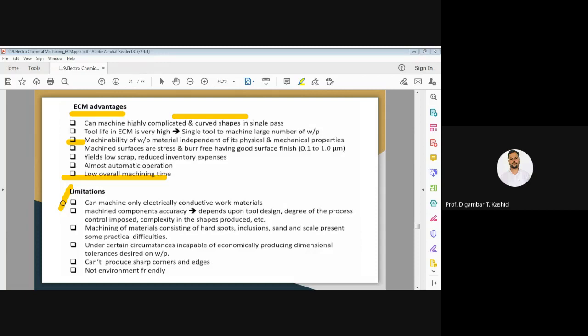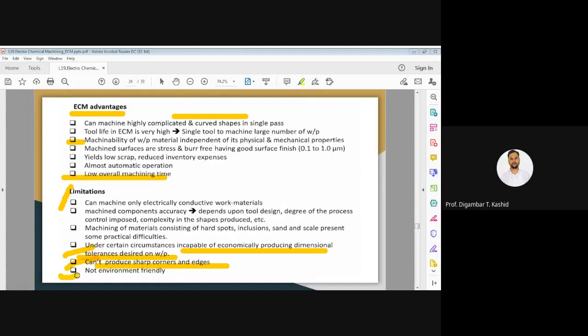Under certain circumstances, it is incapable of economically producing the dimensional tolerances desired on the workpiece. Then this process can't produce sharp corners and edges.